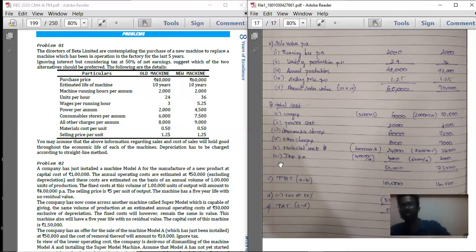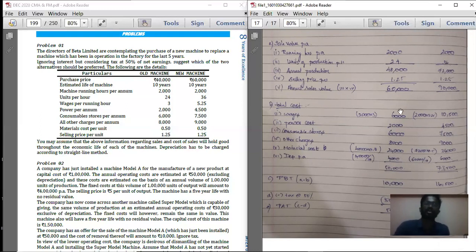So below that, small Roman number 6, depreciation per annum. Depreciation for old machine 40,000 divided by 10, you are getting 4,000. For new machine 60,000 divided by 10, you are getting 6,000. Under new machine column record depreciation 6,000.